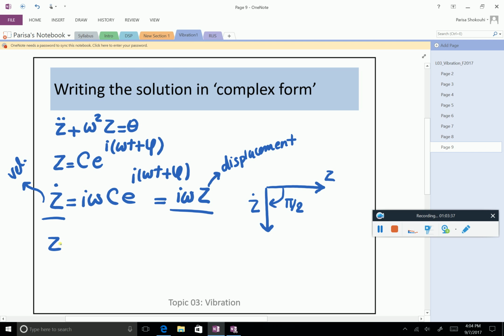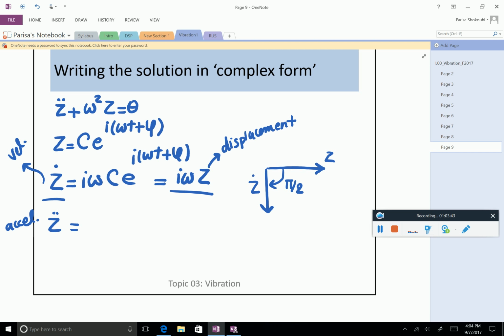How about the acceleration? Well, you take another derivative; try to see if you can still calculate derivatives. Sometimes we forget.